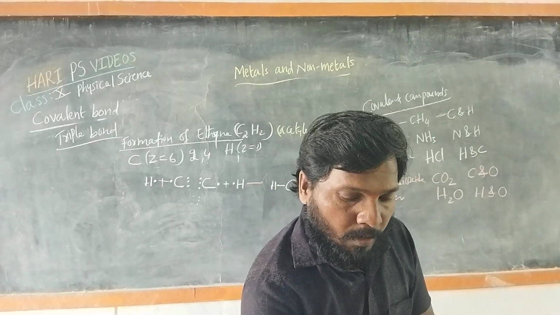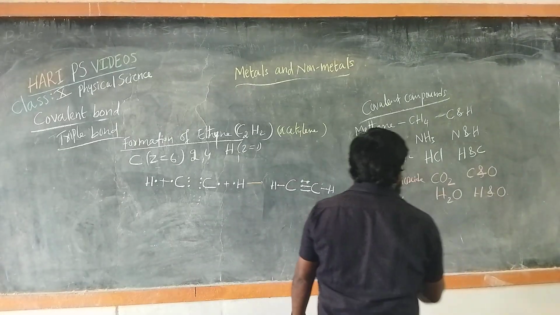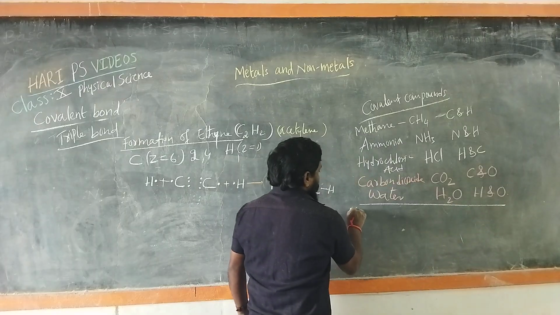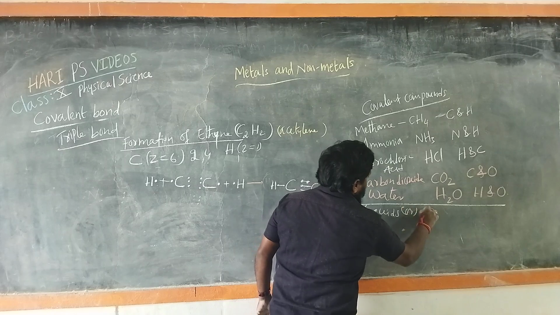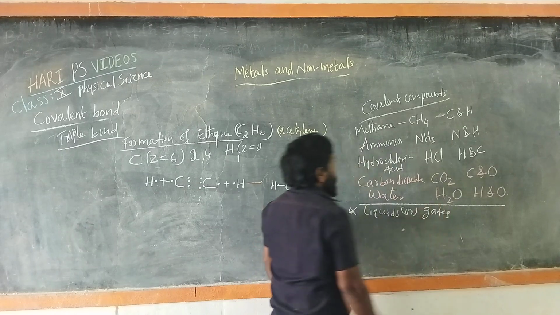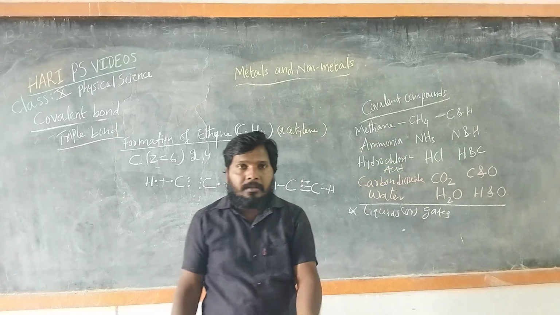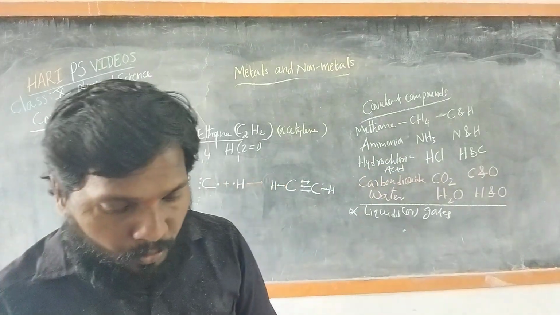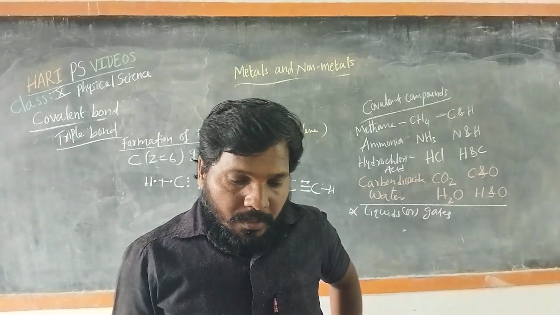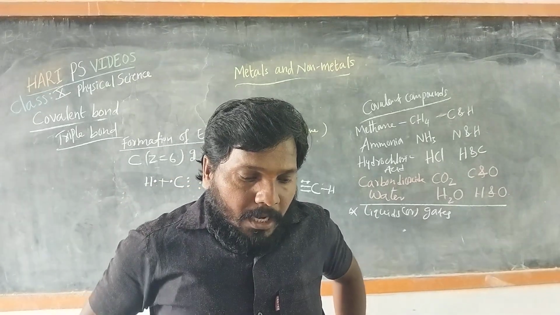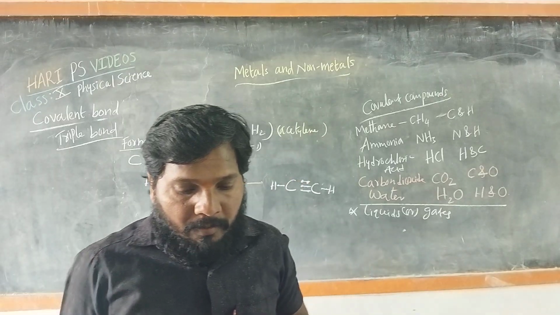Now the properties of covalent compounds. Covalent compounds are usually liquids or gases. Water is a liquid, carbon dioxide is a gas. Only some of them are solids. Alcohol, ether, benzene, carbon disulfide and bromine are liquids.